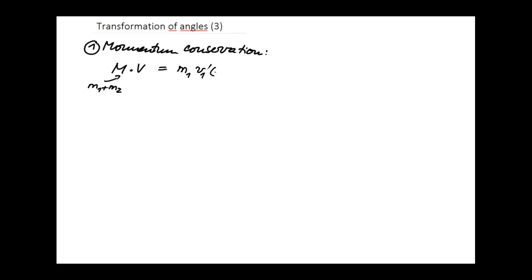at time minus infinity. It doesn't hurt if I subtract from that the velocity of the target at time minus infinity, because this is equal to 0. So it doesn't hurt if I do that. But v1 prime, that's r1 prime dot, and v2 prime, that's r2 prime dot.